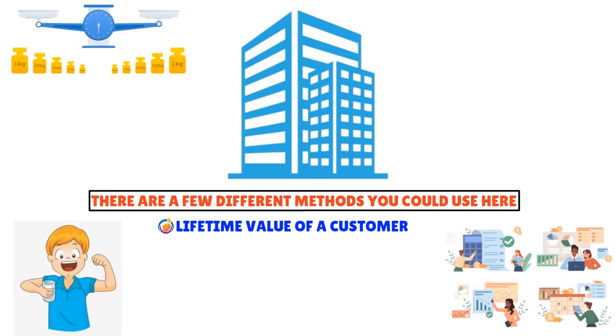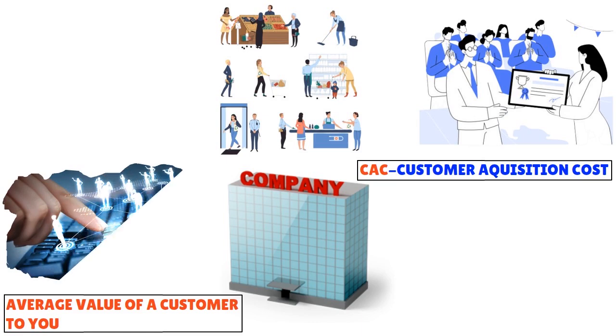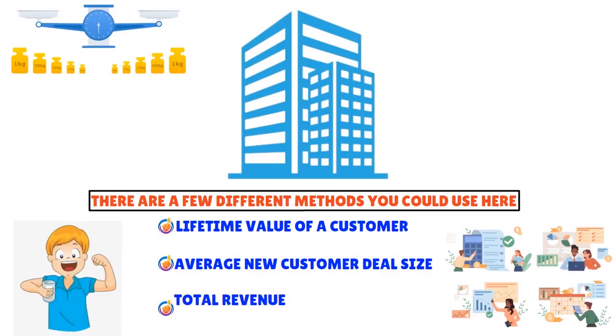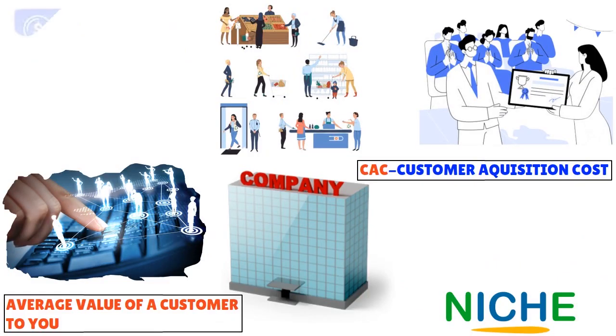Okay. So, besides the lifetime value of a customer, you also have the average new customer deal size. This is also important. If you are constantly acquiring new customers, you're constantly reaching out to new customers, and you are hopefully in a niche where your CAC is very low. Okay, so that's important. But you also have the total revenue divided by total customers.